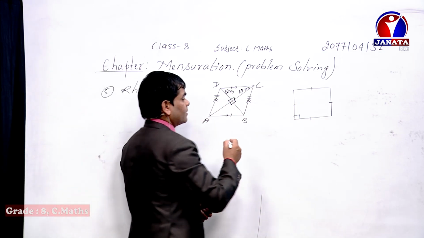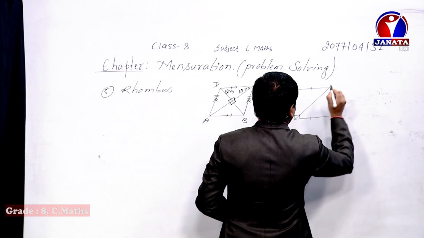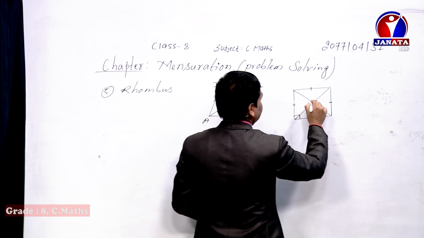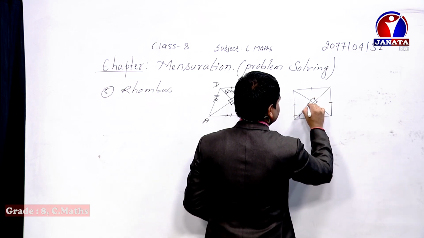So in square also that property is found, right? If we join the diagonals of the square, here forms 90 degree, here also, here also, here also.